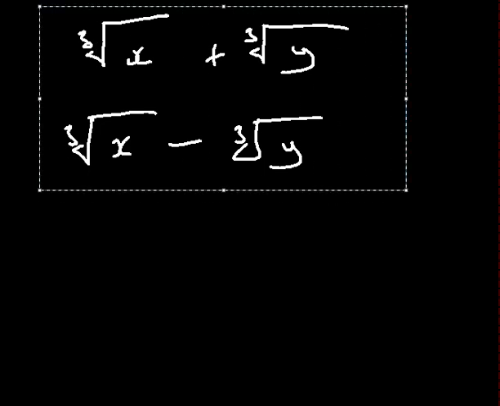So let's think about this. If we have the sum of two cubes, let's say a to the power 3 plus b to the power 3, how do we factorize this one?